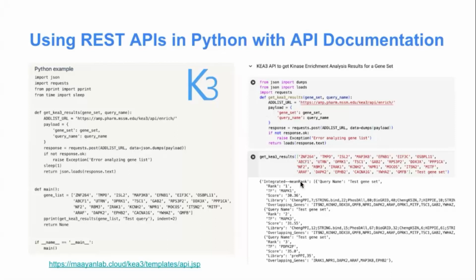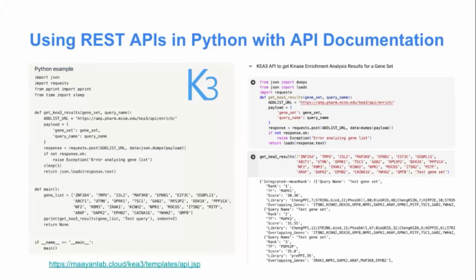And so we see here that calling this function on our input gene list, we're able to get this result from KEA3. And from here, we can then use this to get our enriched kinases.